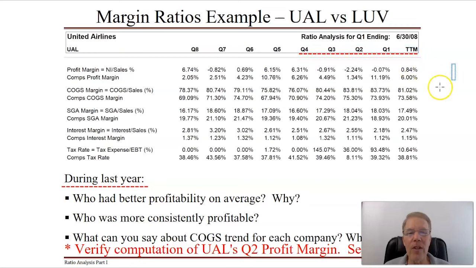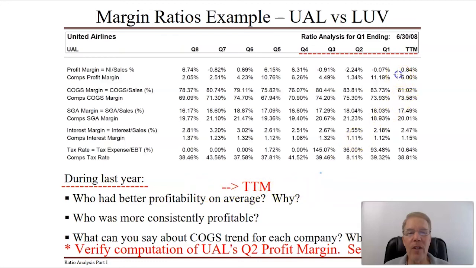Okay, who has the better profitability on average? So first of all, what ratio do we want to look at here? We've got profit margin, COGS margin, SGA, interest, tax rate. Clearly, it's profit margin. On average is always going to imply look at TTM. Last year on average, go for TTM.